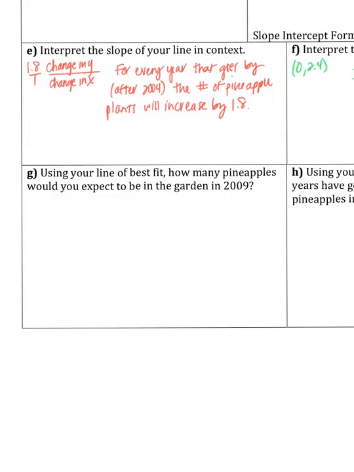Using your line of best fit, how many pineapples would you expect to be in the garden in 2009? Okay, so we're going to use our equation, y equals 1.8x plus 2.4. Remember, x is the number of years since 2004. So for 2009, that is 5 years since 2004.